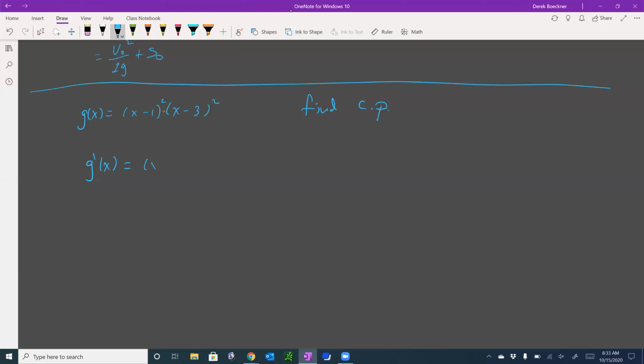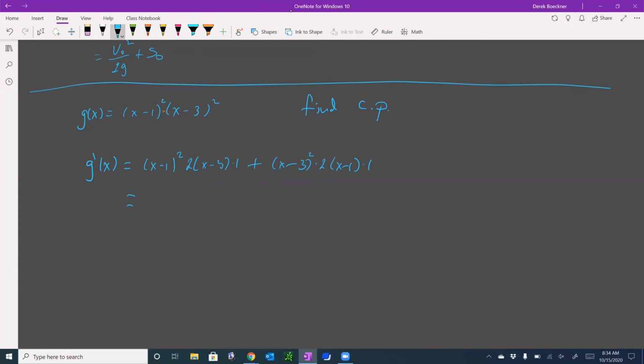And so it's the first times the derivative of the second, which is that times 1, right? Plus the second times the derivative of the first. Which is that.